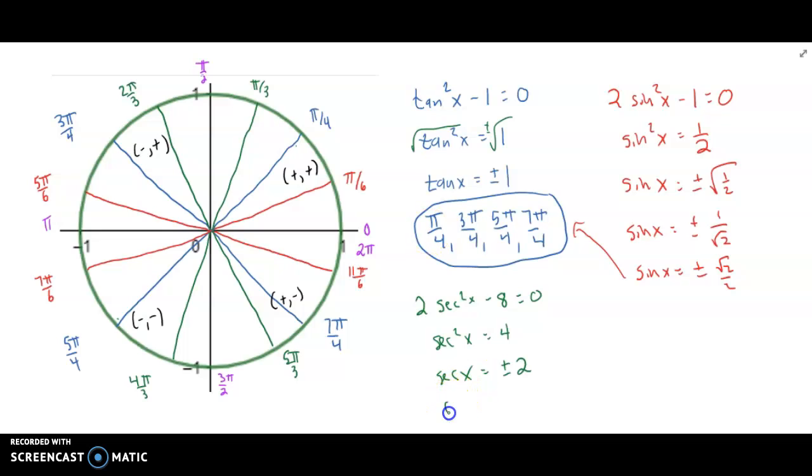Again, I can think of it really as the cosine of x equals plus or minus 1/2. So I'm looking for where the cosine is equal to 1/2 or negative 1/2. And that's going to be at all my pi over 3 angles. So my solution to this one would be pi over 3, 2 pi over 3, 4 pi over 3, and 5 pi over 3.